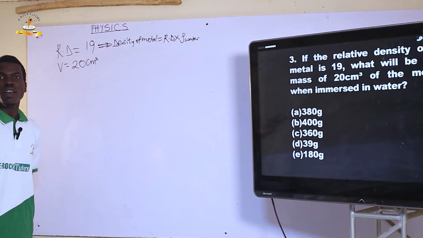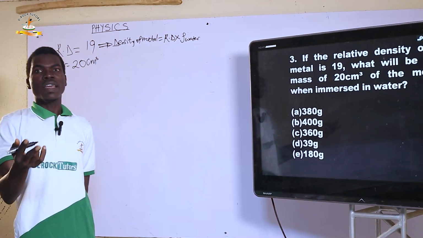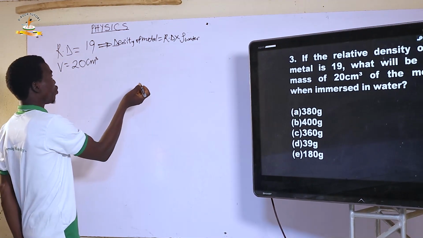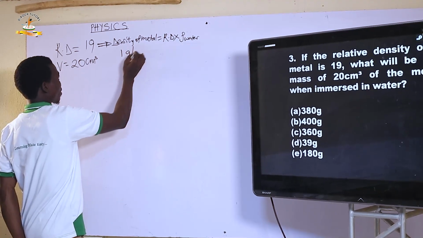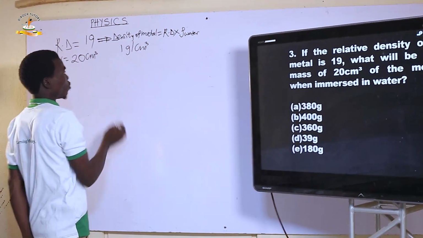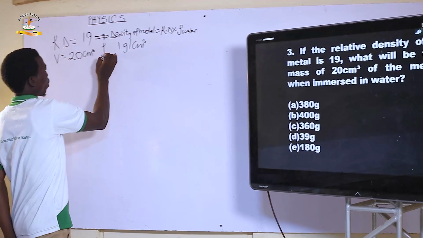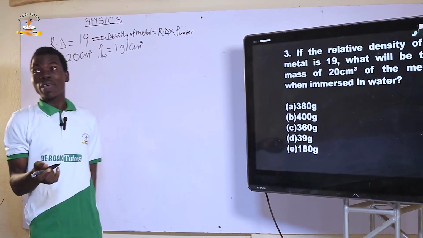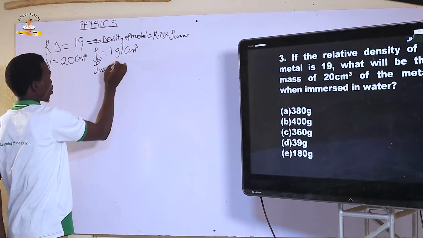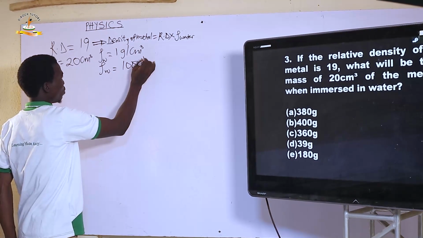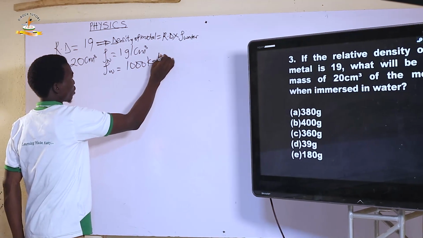However, there are two values for the density of water. One, we have the value in the CGS system, that is 1 gram per centimeter cube. Or in the MKS system, the density of the same water is 1000 kilogram per meter cube.